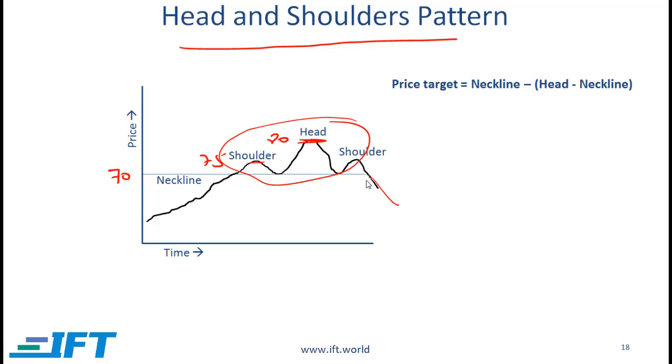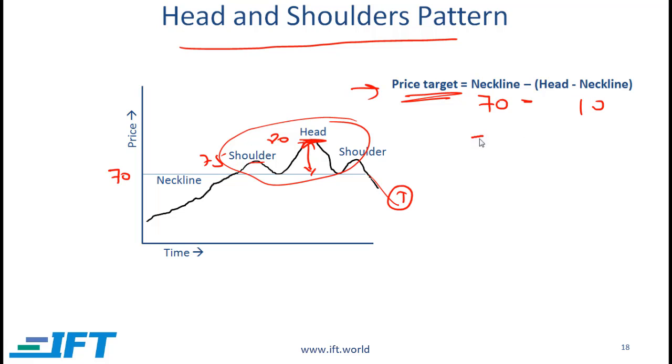So we can actually predict the target price using this formula. The price target is the neckline, which is 70, minus the difference between the head and the neckline. The difference between the head and the neckline is equal to 10. That's 80 minus 70.